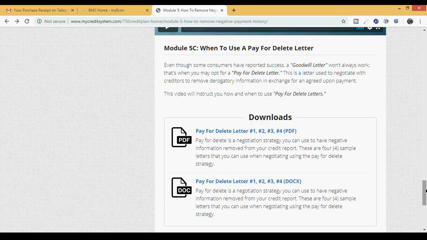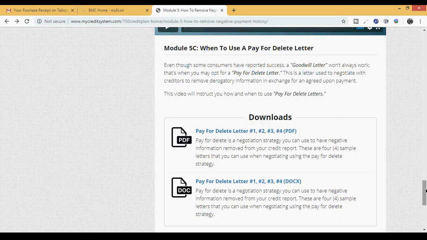Well, in certain scenarios, you might want to pay for a delete. And you're sending a letter and it's basically you negotiating, look, I want this removed off my credit report. Say it was a $1,000 debt that you owe, look, I'm willing to pay $300 to you if you can go ahead and just get this removed off of my report. When they send it in writing, then you can go ahead and make that payment.